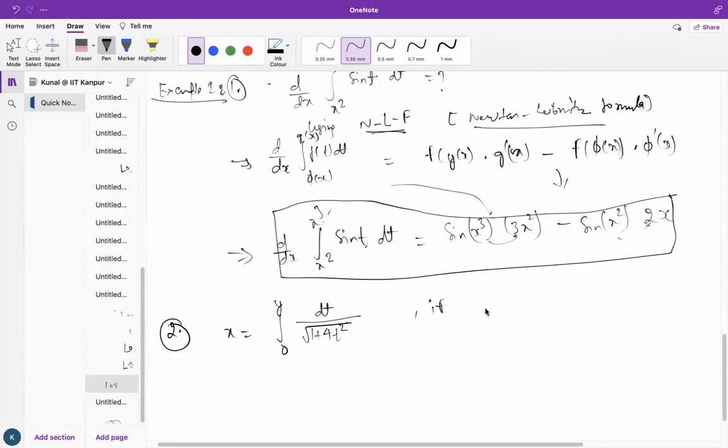If d square y by dx square is equal to ky, then find the value of k. This you have to find, right?